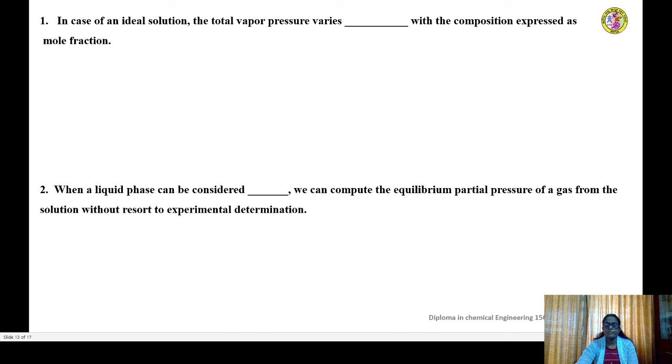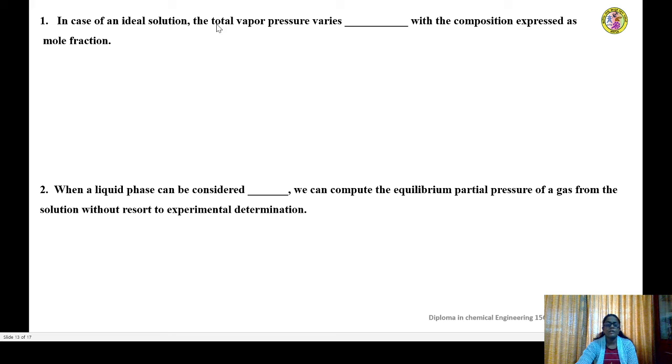Okay. So before we finish the session, let us check how far we have understood the concepts by trying to answer some multiple choice questions. The first question goes like this. In case of an ideal solution, the vapor pressure varies dash with the composition expressed as mole fraction.